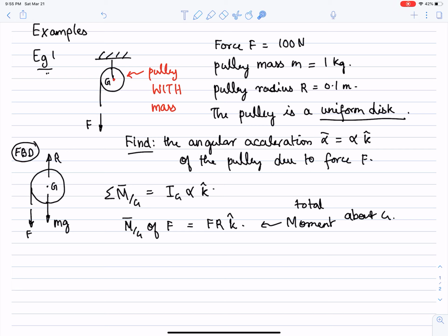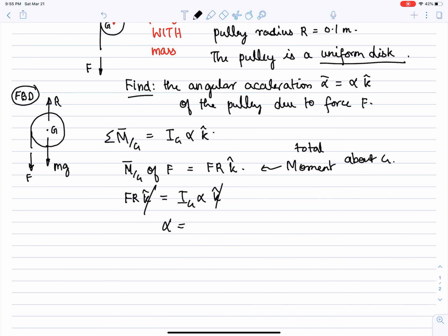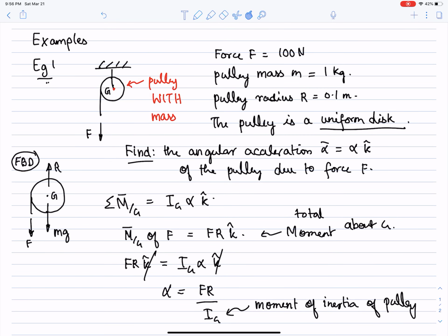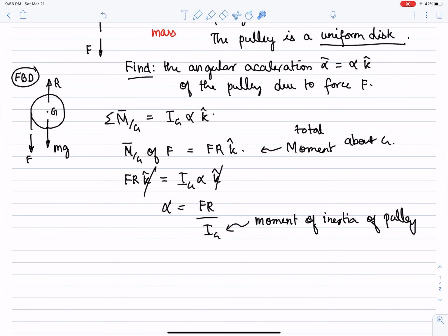The right-hand side is IG alpha. So FRK equals IG alpha K, and you can ignore the K. What we have is alpha equals FR divided by IG, the moment of inertia of the pulley, which has been stated to be a uniform disc.